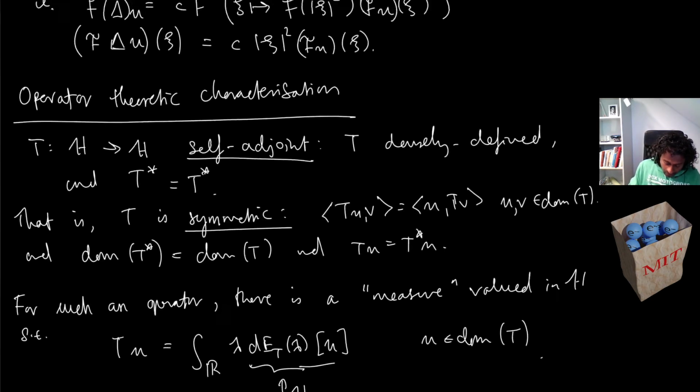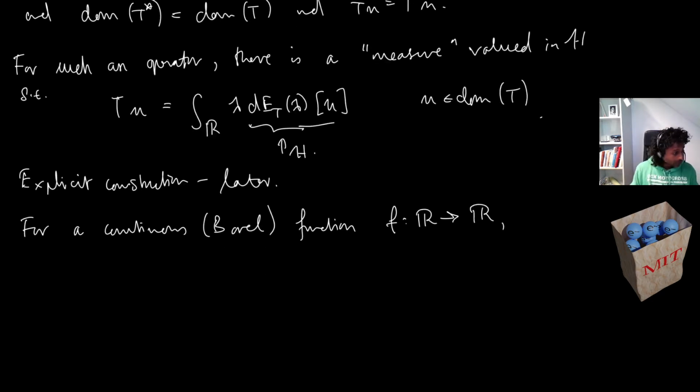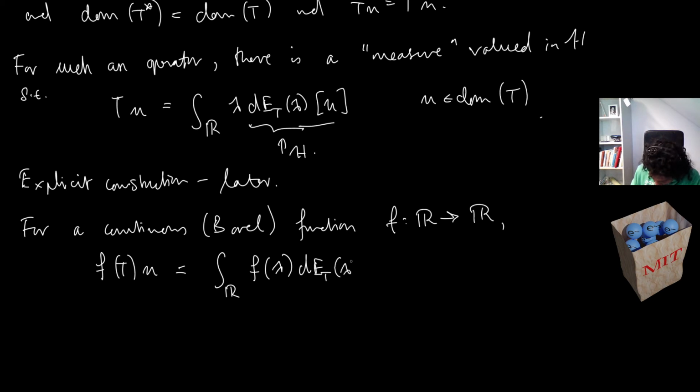I mean, here in the Fourier theory, we saw we could just take f of this frequency variable psi, and here we're going to replicate a similar thing. I'm going to write f of T of u as just the integral over R of f of lambda dE_T(lambda) of u.